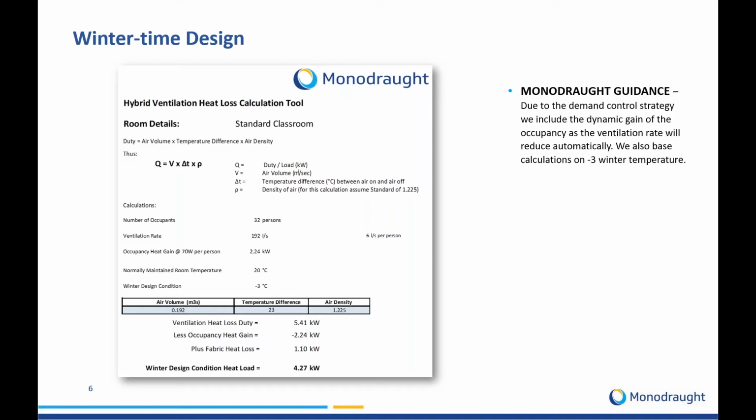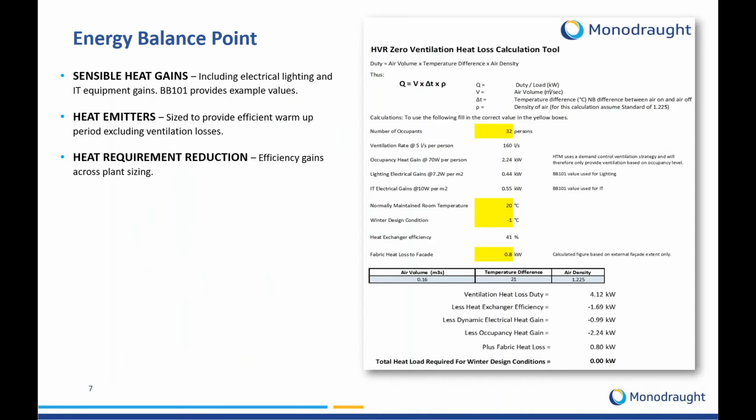That provides quite a high ventilation heat loss when heat exchangers are not utilised. We offset the occupancy gains because our systems are driven by a demand control strategy, air quality CO2 driven. However, you still end up with quite a high wintertime design load.